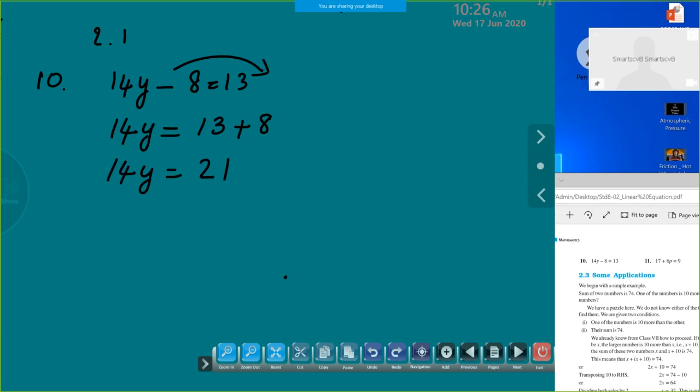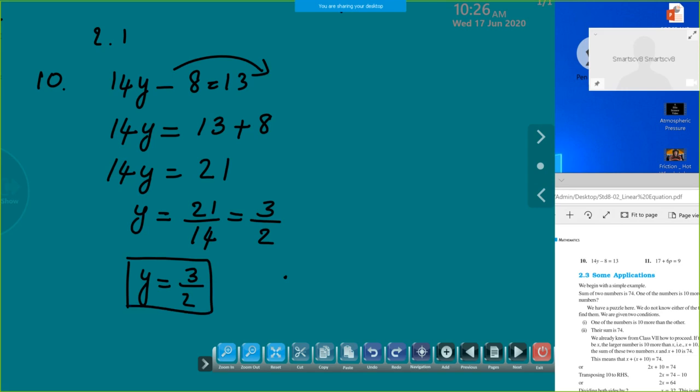Again, 14 is multiplied here. So when you take the 14 to the right side, it becomes division. So 21 by 14. These number, both the 21 and 14, are the multiples of 7. So you can simplify this number to 7 3s are 21 and 7 2s are 14. So the solution becomes y is equal to 3 by 2. This is the solution. I hope it is clear.